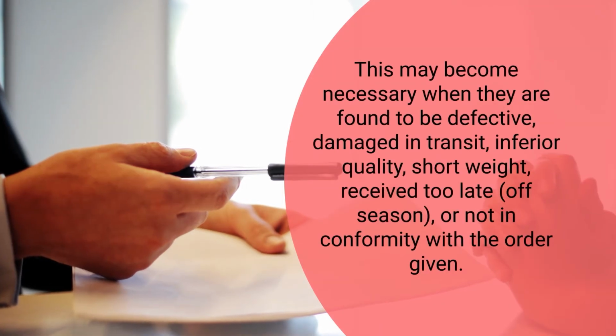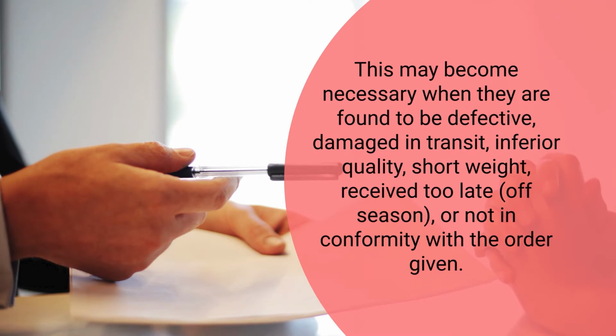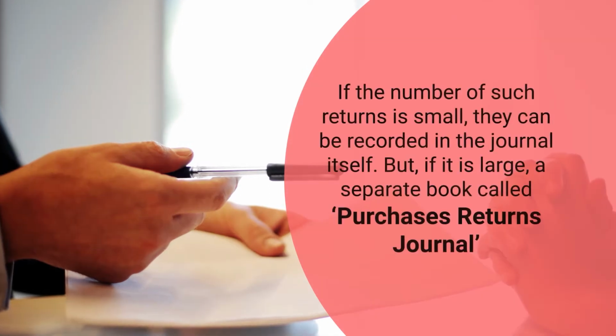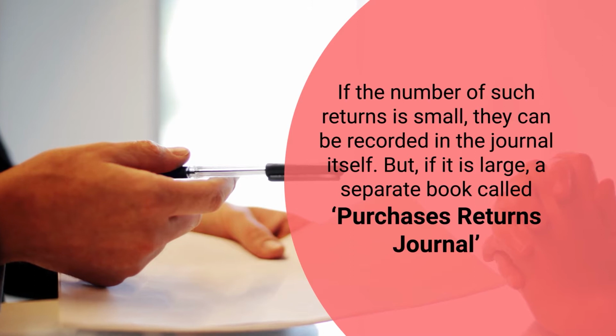This may become necessary when the goods are found to be defective, damaged in transit, of inferior quality, short weight, received too late, or not in conformity with the order given. If the number of such returns is small, they can be recorded in the journal itself, but if it is large in volume, then a separate book called purchases returns journal is maintained.